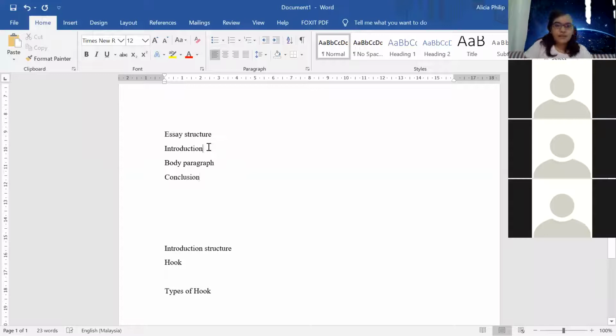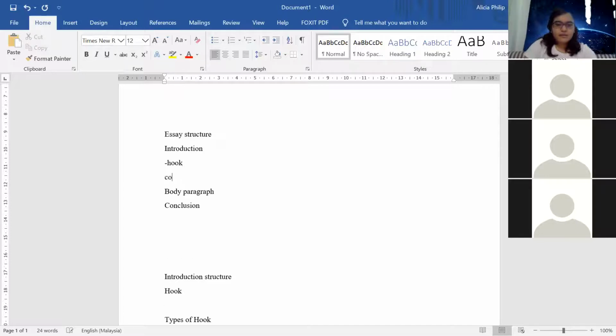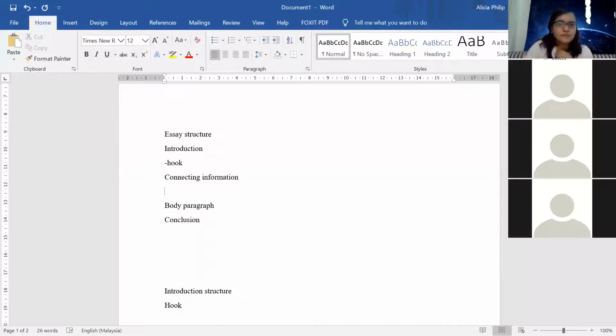So just now I talked about the introduction where you have the hook, the connecting idea, the connecting information, and the thesis statement.